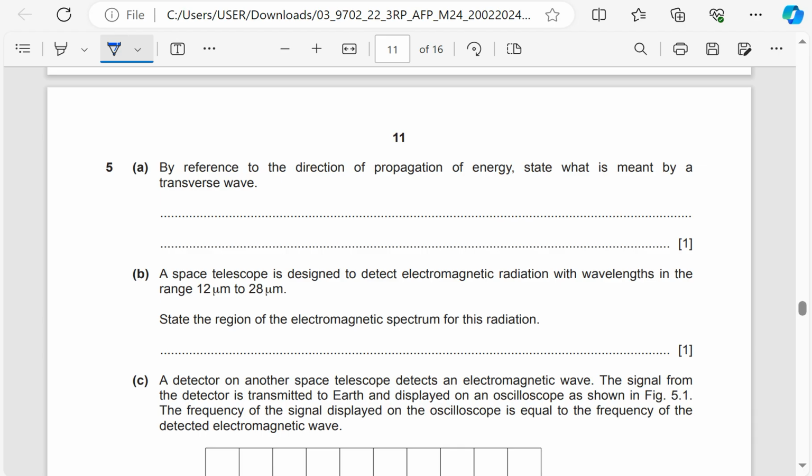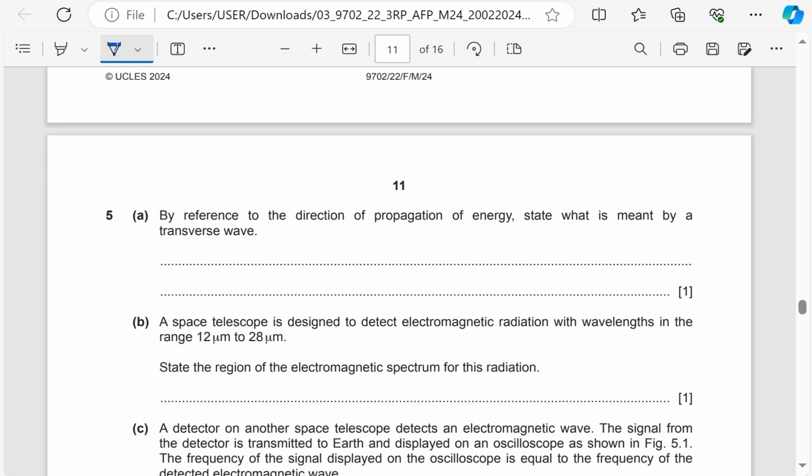Of course, for a transverse wave, we know that the particles vibrate perpendicular to the direction of propagation of energy.